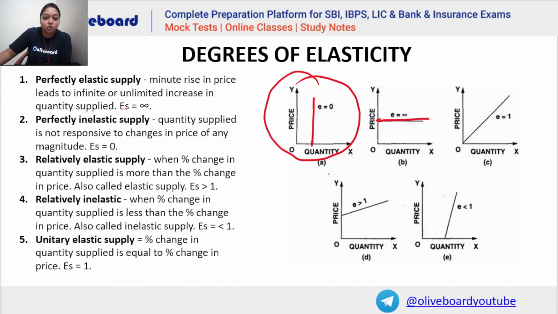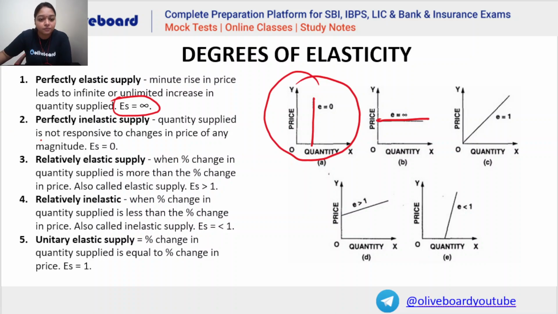You need to know these values. Elasticity of supply is infinite in which type of elasticity? Elasticity of supply is 0 in which type? The shape of the curve, in which elasticity is it vertical, in which is it horizontal? These things are very, very important for your MCQs.